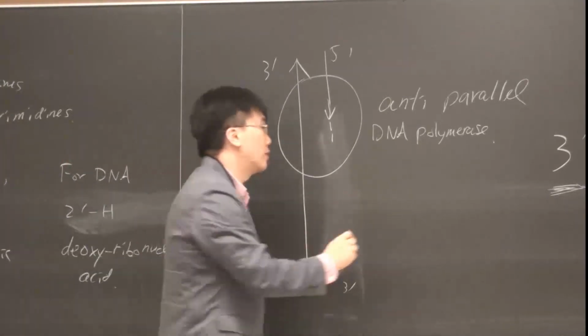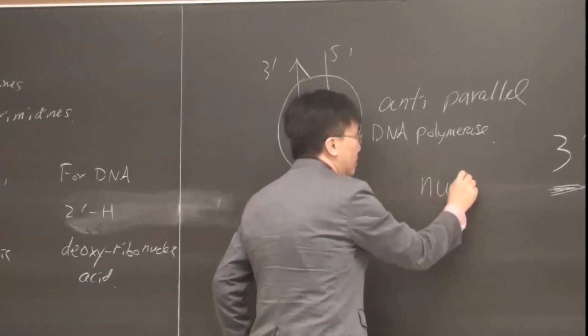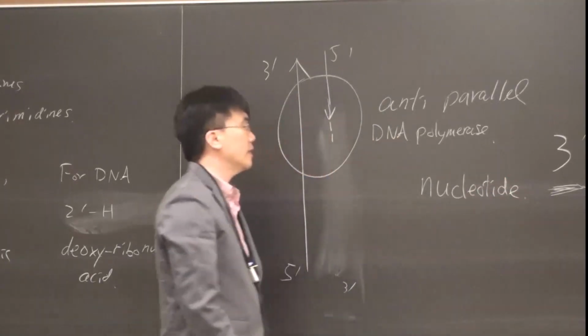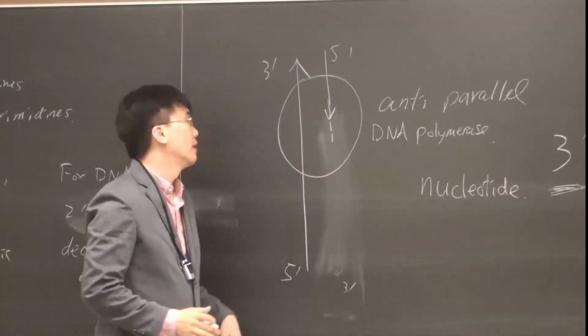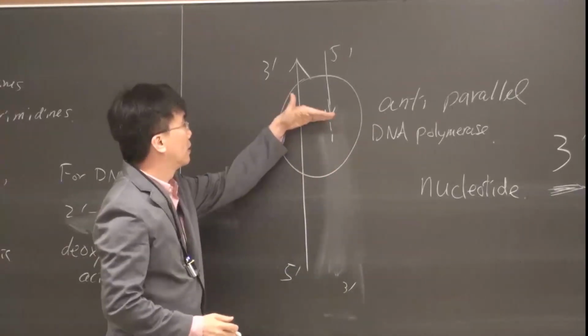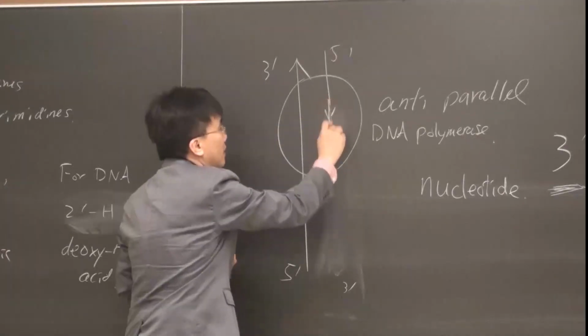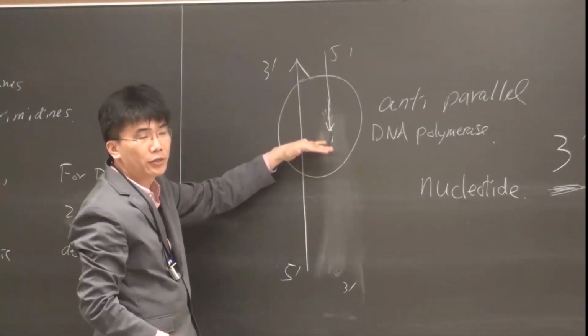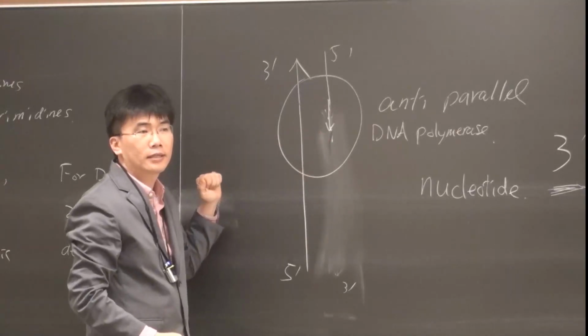It's actually called a nucleotide. So that's one unit of DNA, and you add one at a time. It can be A, C, G, T. Once you add this one, it becomes one nucleotide longer, and then the enzyme moves forward by one unit and continues to add.